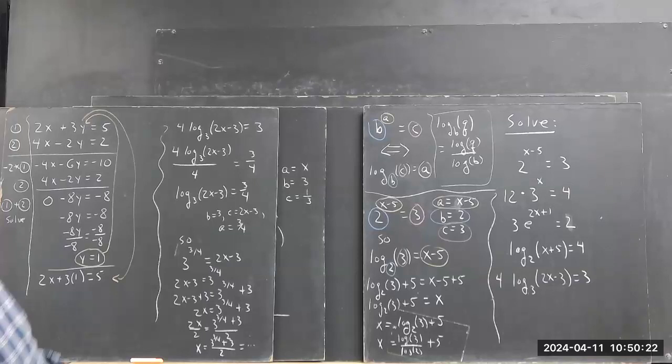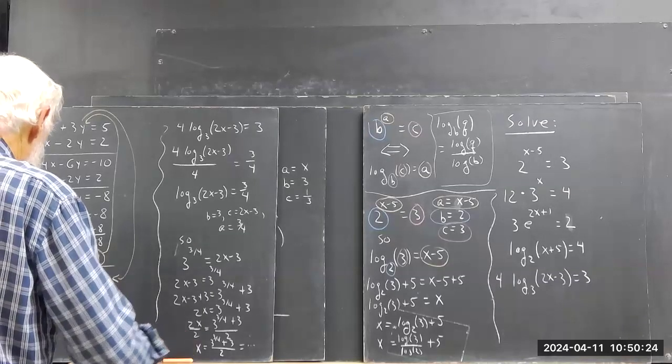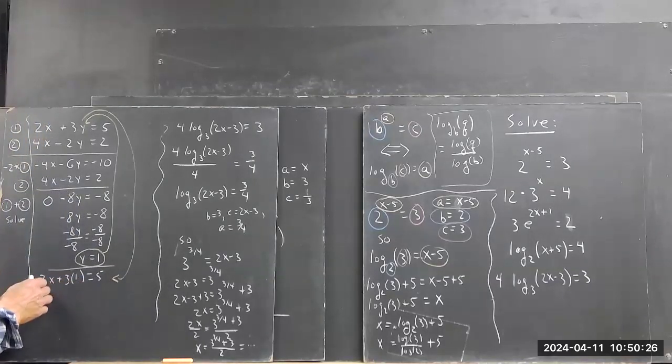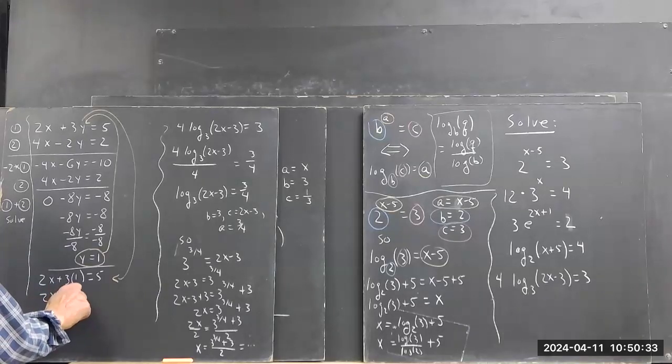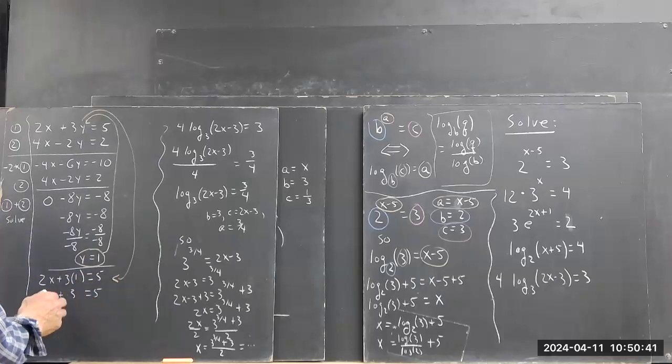Okay. Well, we have 2x plus 3 times 1 equals 5. 3 times 1 is 3, so we can write this as 2x plus 3 equals 5. To solve for x, we have to get rid of the 3. We always get rid of things that are added or subtracted before we get rid of things that are multiplied.